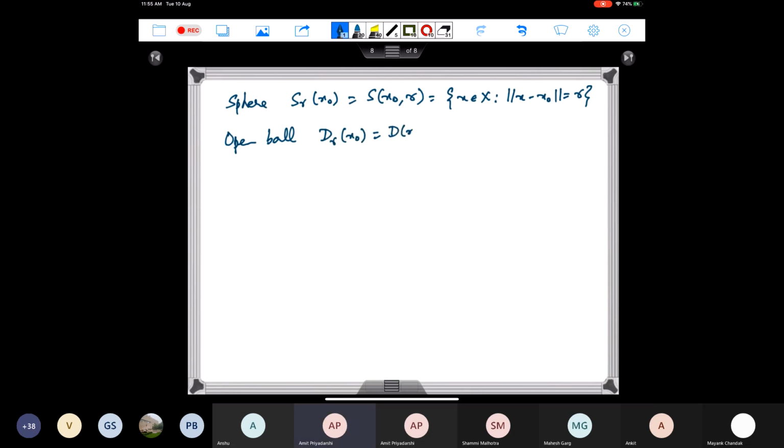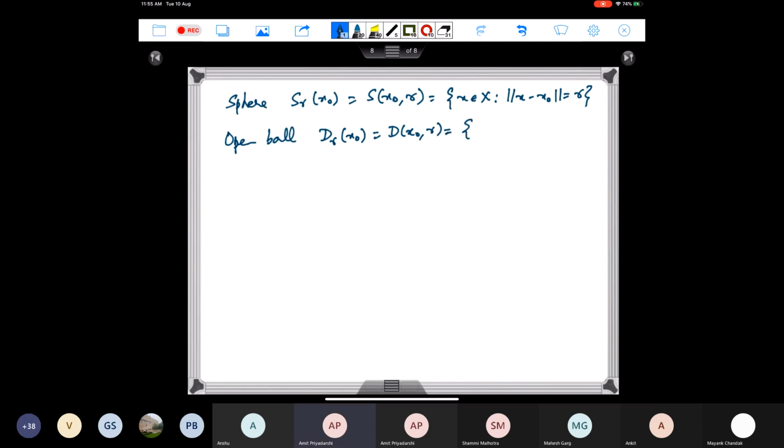We'll also define the sphere S_r(x naught) or S(x naught, r). This is equal to all those x in X such that norm of x minus x naught is equal to r. The open ball is denoted by D_r(x naught) or D(x naught, r).